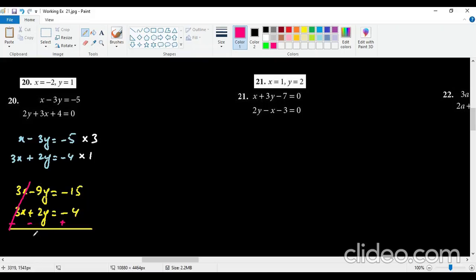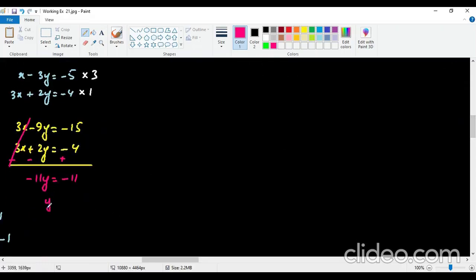Minus 9 and minus 2 is going to give us minus 11y, and minus 15 plus 4 is going to give us negative 11. So in this case, y equals negative 11 divided by negative 11. So y is going to be 1 only. Now we know the value of y is 1.